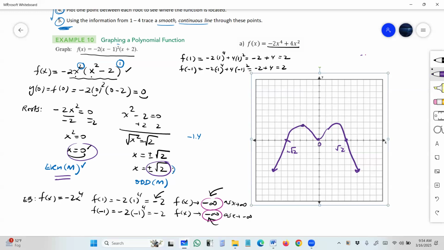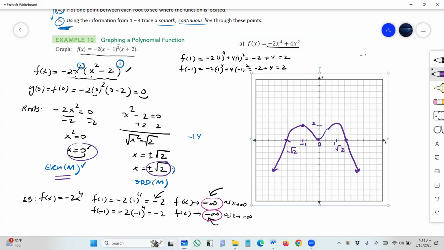This is 2, and this is -1. This is positive. So this is what the sketch of the graph looks like. To do a better job than that, we would need calculus, but this is all that we need.